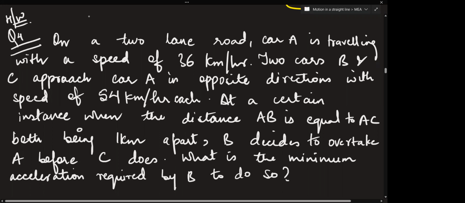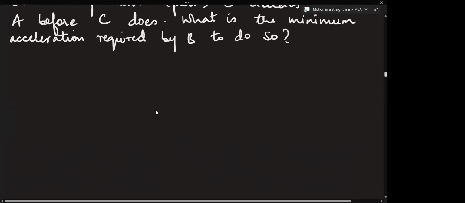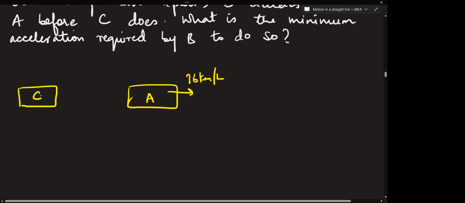I'm again telling you, see, this is a very famous question that usually comes. This you can try. A hint that I'll give you. See, on a two-lane road, car A is traveling with a speed of 36 kilometers. So basically, car A is traveling with a speed of 36 kilometer per hour. Now, a car B is there, and a car C is there.